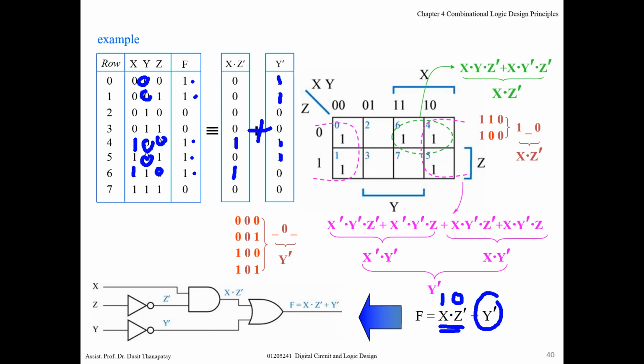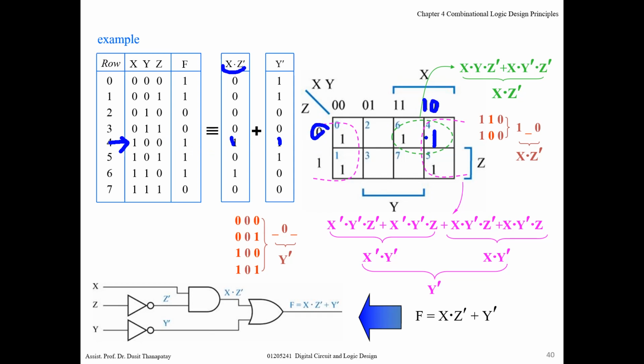Okay, and again, for this input, this term is 1 and this term is 1 also, because this input 1 0 0, okay, is selected by this group and this group.